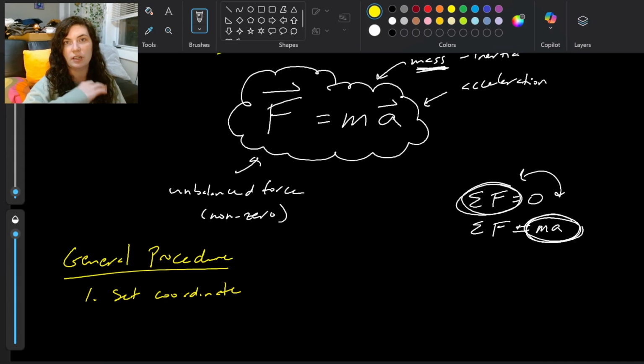Maybe you're using a curvilinear system, so you need to use a normal and tangential kind of coordinate system, or a polar coordinate system. Maybe the motion is entirely rectilinear. So just being aware, what is this coordinate system that would be best to use for a particular problem? You get to choose that.